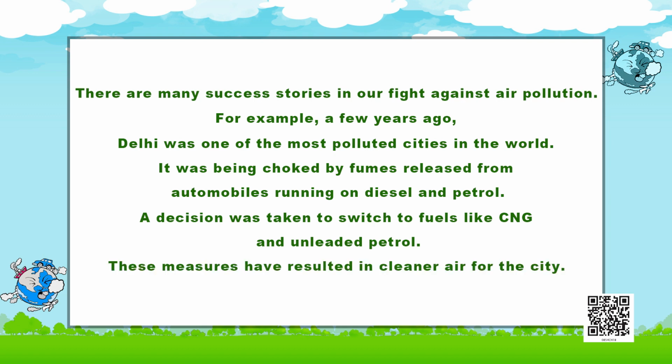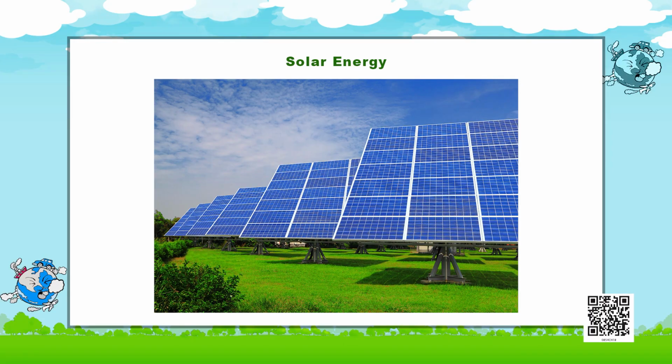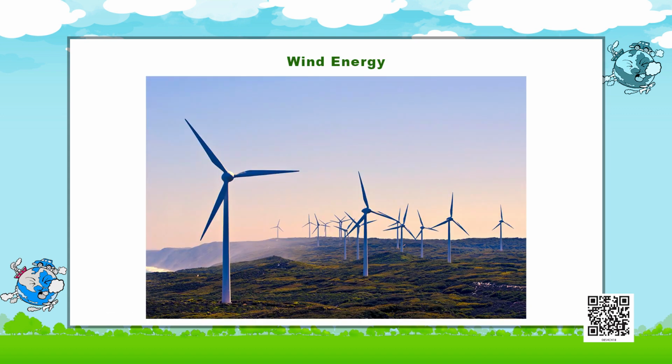These measures have resulted in cleaner air for the city. There is a need to switch from fossil fuels to alternative fuels to meet our energy requirements. There are lots of renewable energy resources available and we need to make maximum use of it. These could be solar energy, hydropower and wind energy.